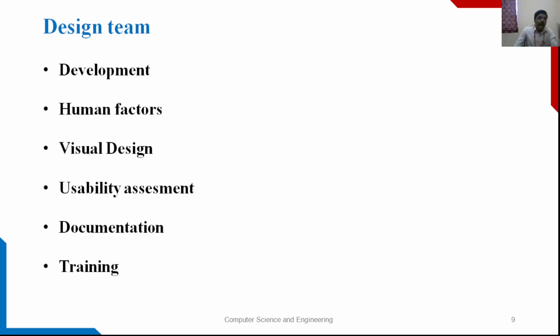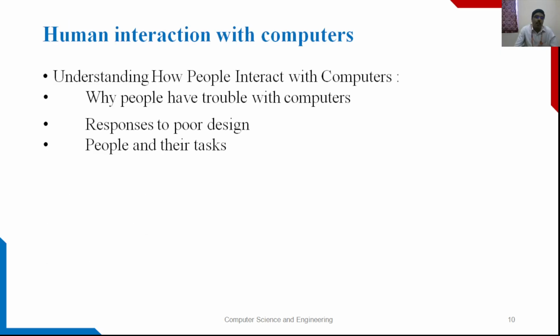The human action cycle is a psychological model that describes how people interact with a computer system. Why do people have trouble with computers? The design team comprises development, human factors, visual design, usability assessment, and documentation and training.